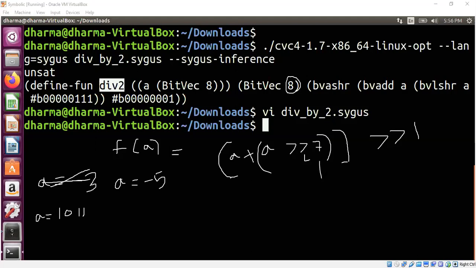I'm replacing this by 3 here, because my bit vector size has been reduced. So when I do a logical right shift, I get rid of all these 3, and my new value will be, so I have 1, 0, 1, and I'm going to get rid of the last 3 least significant bits.